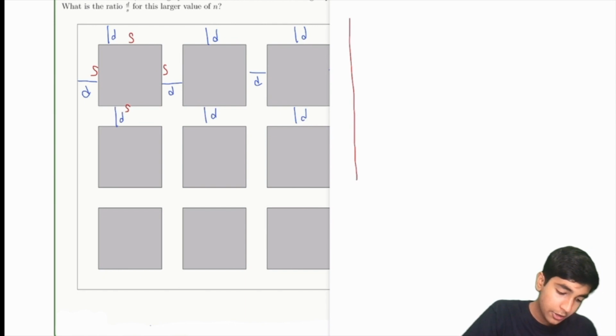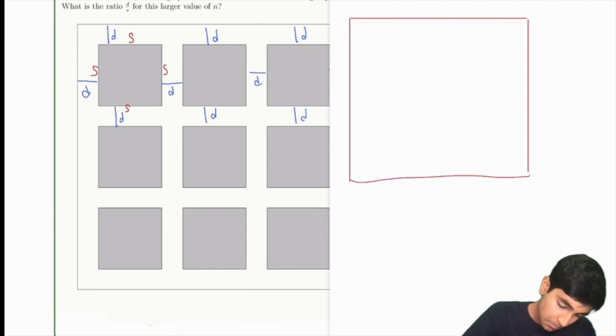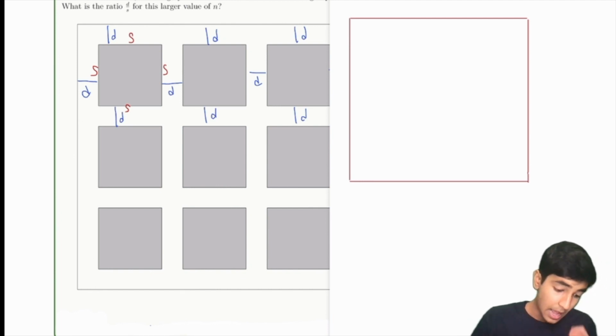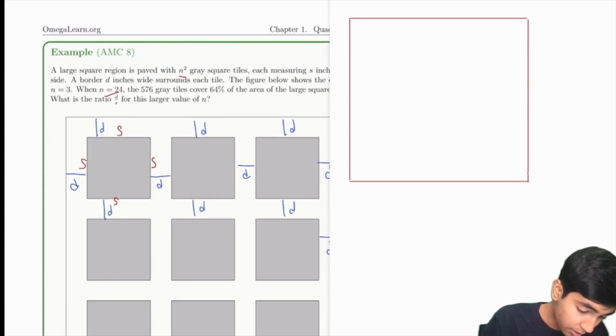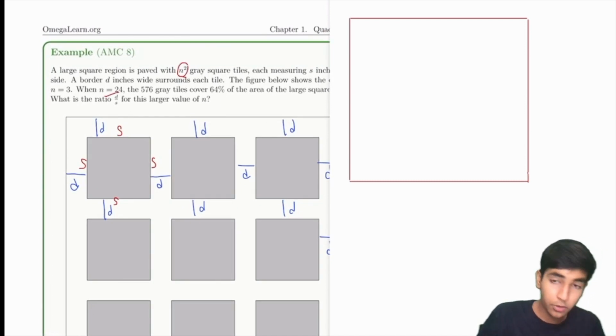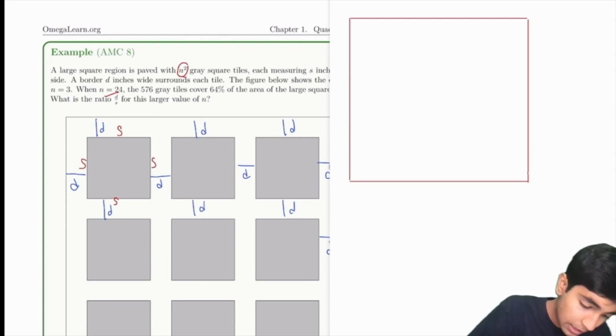Essentially, we've got a large square region, and it says n equals 24, so there's n squared, so 24 squared gray tiles, right? 24 by 24 essentially.